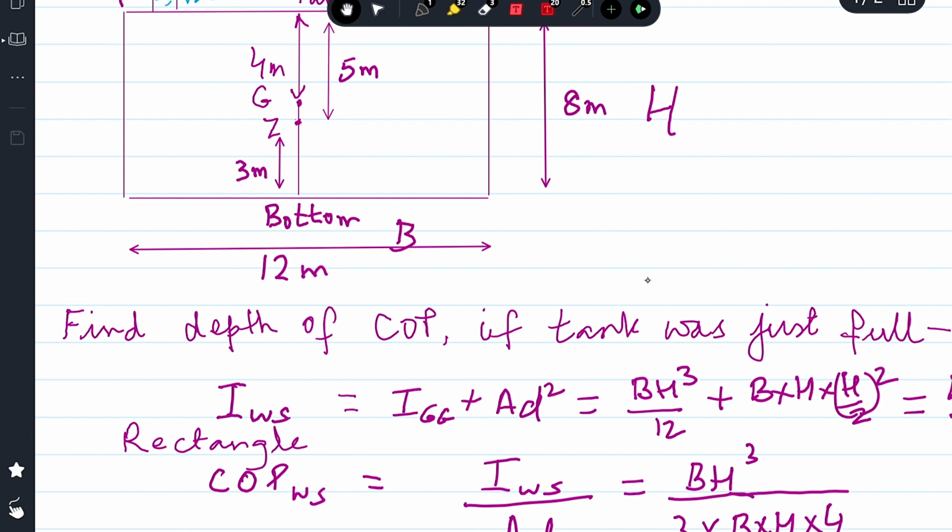One axis is passing through the centroid, and the second axis is wherever the liquid level is.